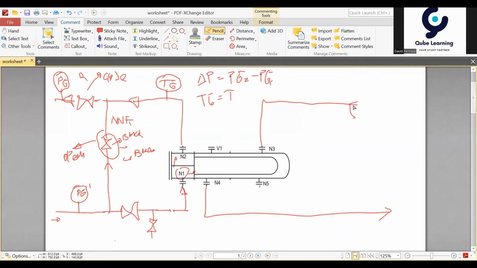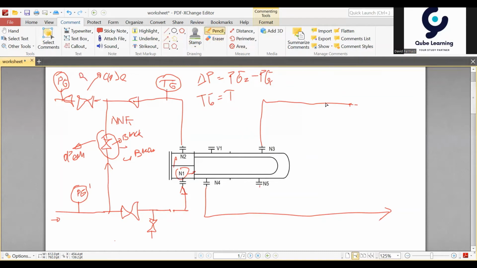Okay, next is the process fluid stream. The process fluid stream is much cleaner, or not dirty, compared with the cooling water side.